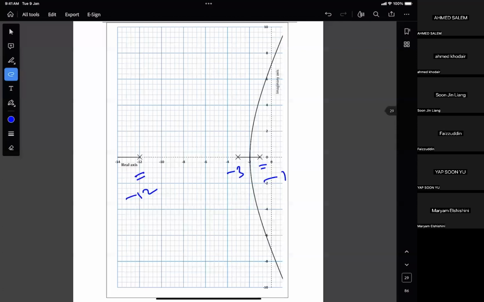And from here, you already know that the breakaway point is minus 2. And the intersection, help me.